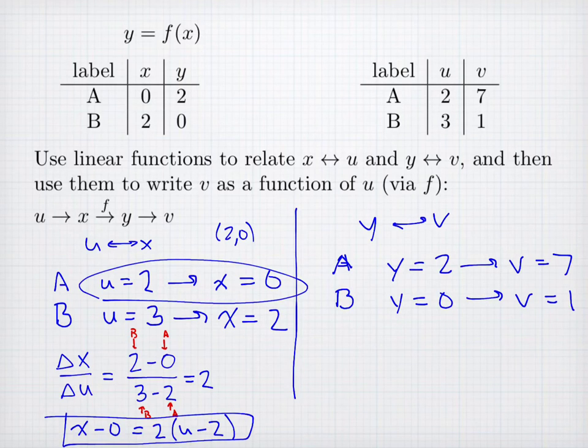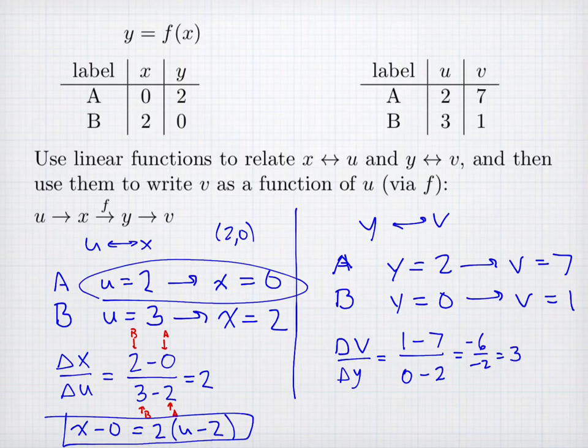I can calculate my slope, the change in v over the change in y. So the change in v is 1 minus 7. Remember, I have to think point B minus point A, and then the change in y is 0 minus 2. So negative 6 over negative 2, my slope is 3.